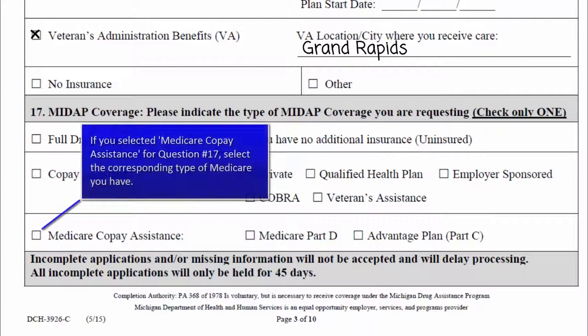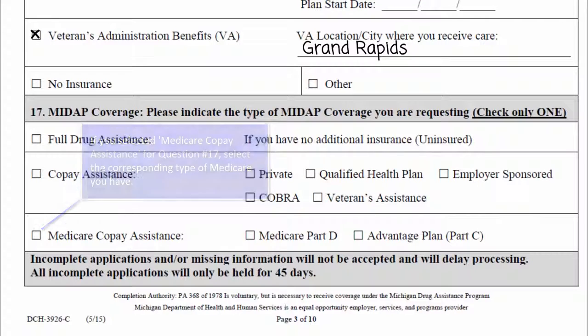You would check the box for Medicare copay assistance if you're asking MiDAP to pay for your out-of-pocket expenses associated with your Medicare Part D prescription benefits. Be sure to check the box for which type of Medicare you are requesting. Medicare copay assistance means that you are asking MiDAP to pay your Medicare out-of-pocket expenses.